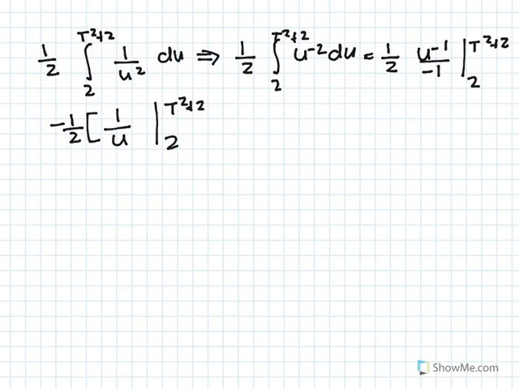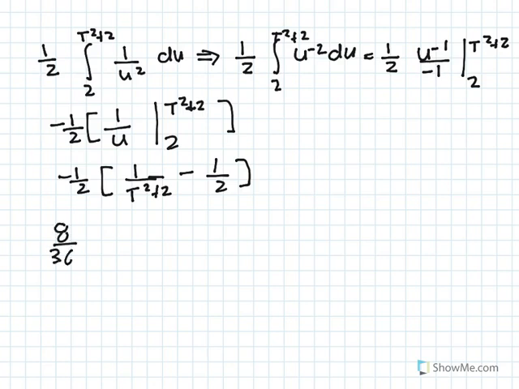We're applying the fundamental theorem of calculus. So let's put the upper limit in, and we get 1 over t squared plus 2, and subtract the lower limit, 1 over 2. Now, let's also put the left-hand side, which is 8 over 36, that's what we had initially, is equal to the integral from 0 to t of t over t squared plus 2, all squared dt.